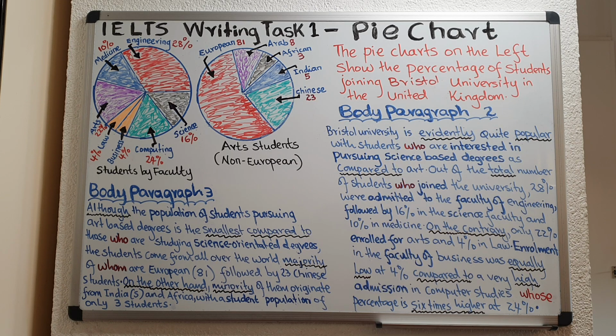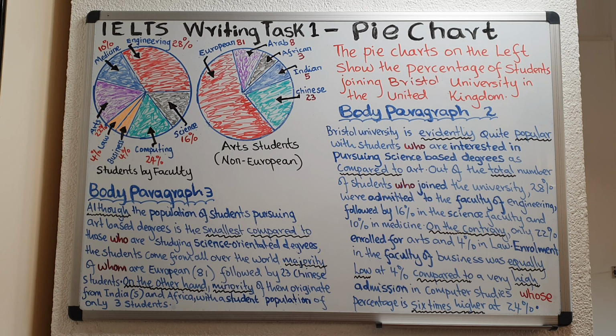When you look at the first pie chart, you notice that the students who are studying engineering, medicine, and science, okay? In engineering, we have 28%. Science, we have 16%. We have medicine, 10%.